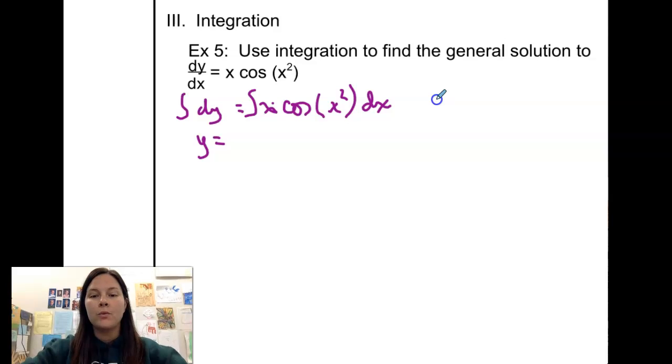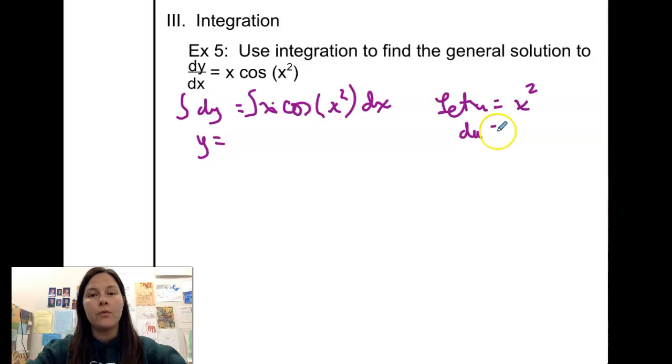For those of you that don't see it, I am going to let u equal x squared. That input for the cosine, because I see the derivative, sort of, for the most part, in that x, which is out front. The derivative of x squared gives us that 2x dx.